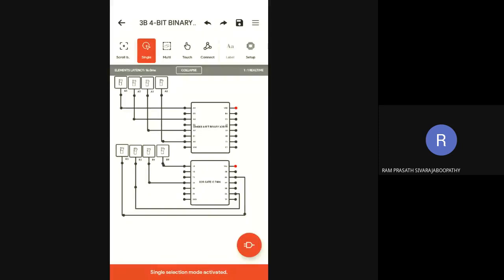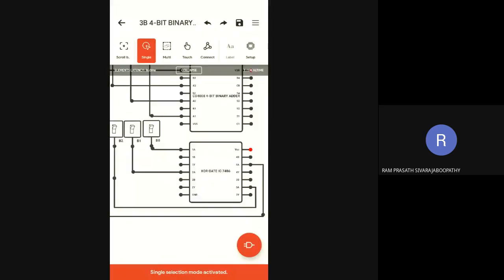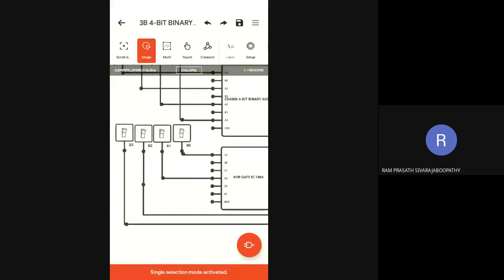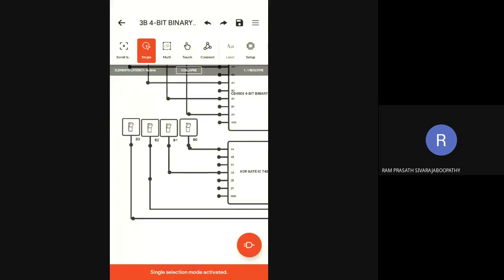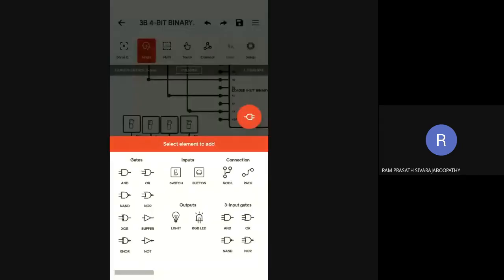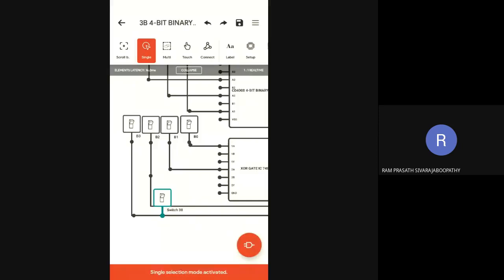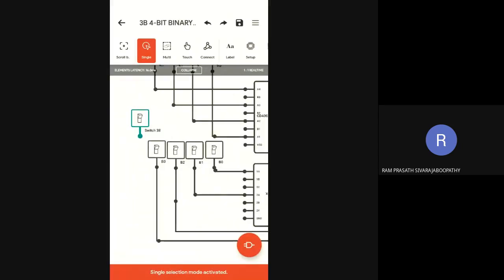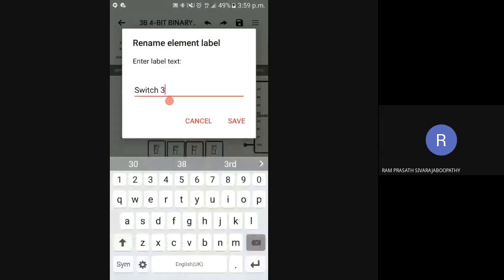So that is the second input of all the XOR gate. So I'm going to connect one switch. So this I'm going to use as M. Going to use this switch as M.